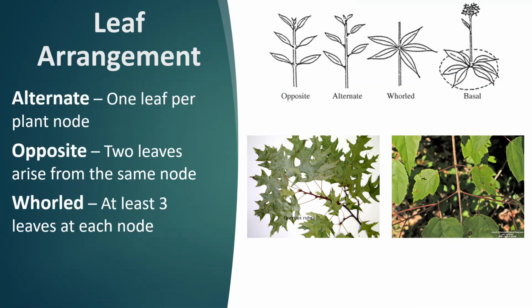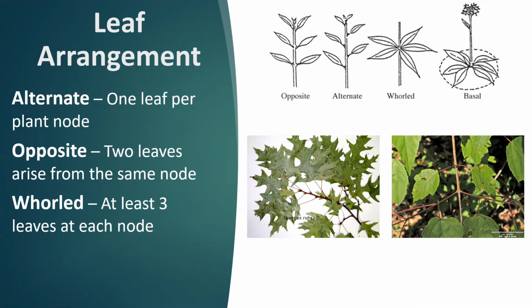The easiest way to remember alternate leaf arrangement is that the leaves are arranged alternately on the stem. If you look at the inverse of that, you have opposite. That's where you essentially have two leaves attaching at the same node. If you look at these illustrations, you can see it looks like you have leaves opposite of each other. Another fairly common one is whorled.